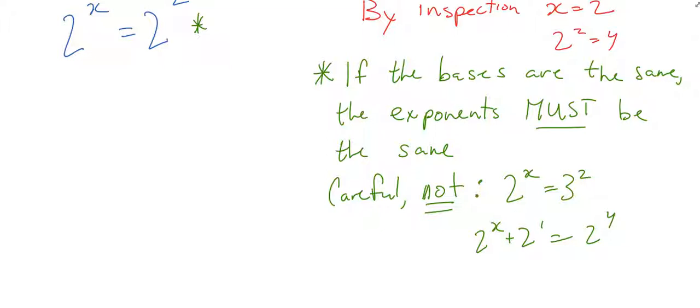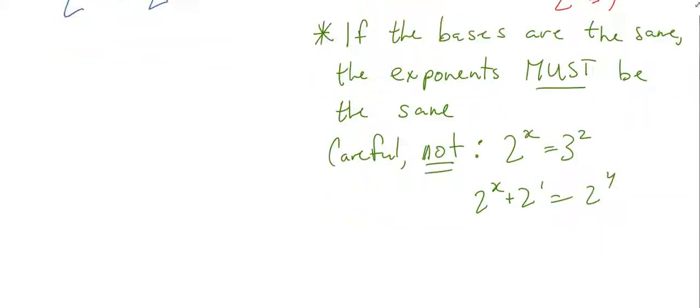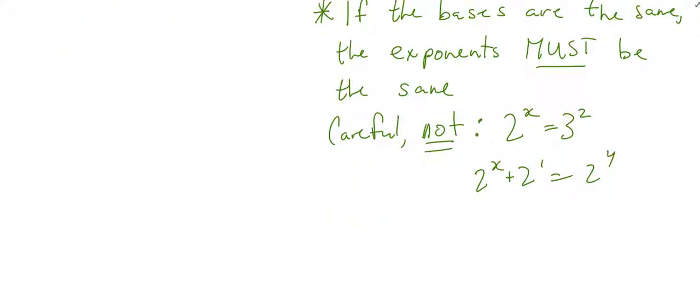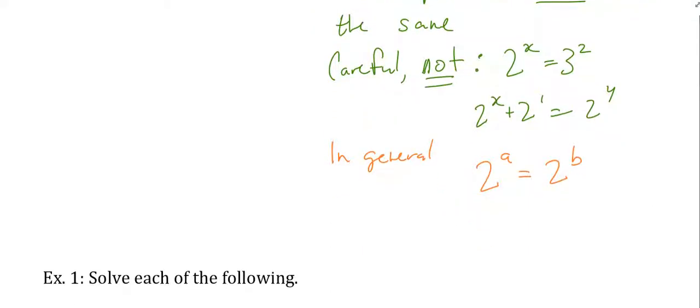Okay? Not that it's not possible. It's certainly doable, but those are not the kinds of questions we're looking at. Okay? So, in general, what we're looking at, in general, if I have 2 to the a equals 2 to the b, what can I say is true?